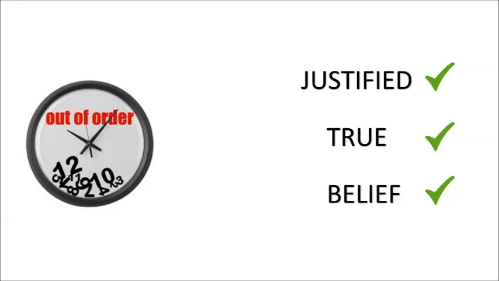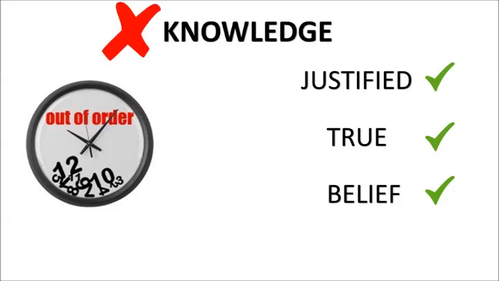It's actually true that it was 12:15 at the very moment that I believed that it was 12:15. Edmund Gettier says, well, there you go. It's possible to have a justified true belief and yet not have knowledge. It seems like in that case, I don't have knowledge. I didn't really know that it was 12:15. I just somehow lucked out, accidentally stumbled upon a justified true belief, but I didn't actually know it.